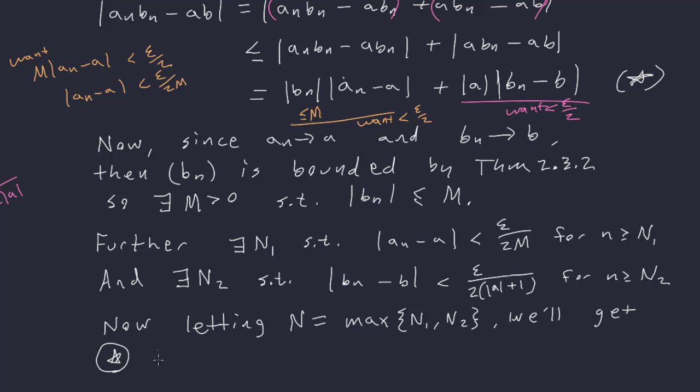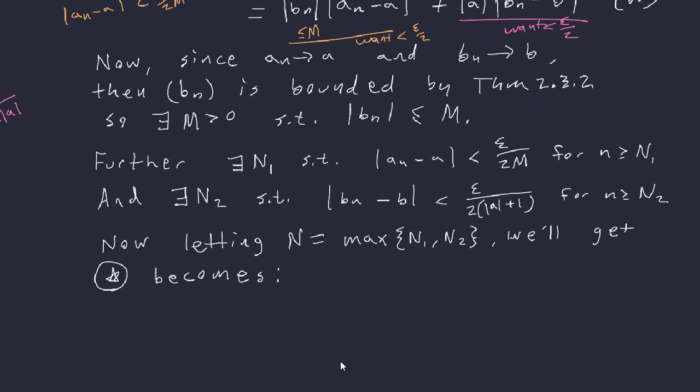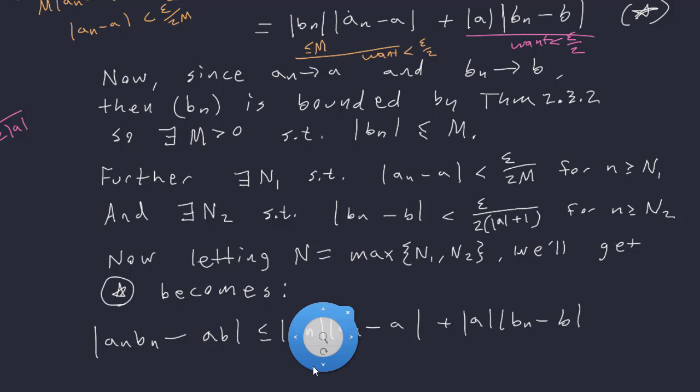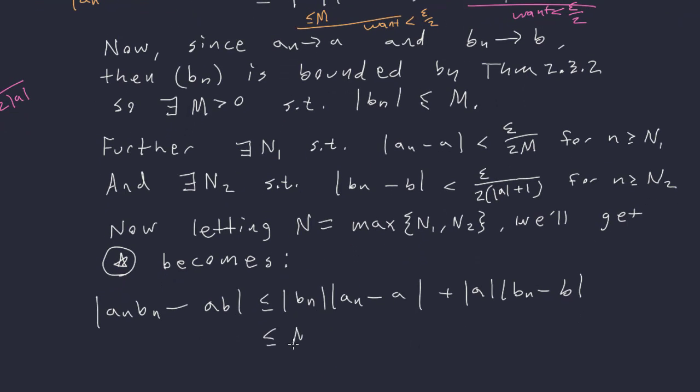We'll get, star becomes, all right, I'm leaving part of it up here, but it's this absolute value of a_n b_n minus a times b, and we already by star got this, which was the absolute value of b_n times a_n minus a, plus absolute value of a times b_n minus b. Now this b_n is less than or equal to M, since it's bounded. I'm not really messing with anything else here.